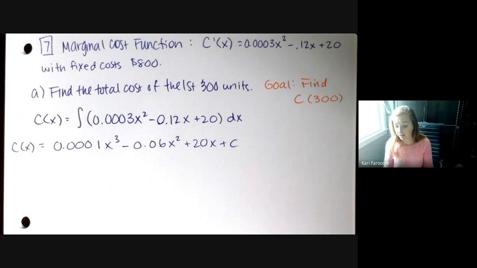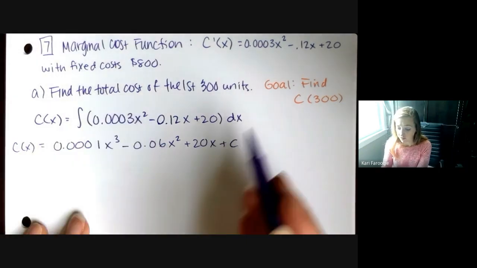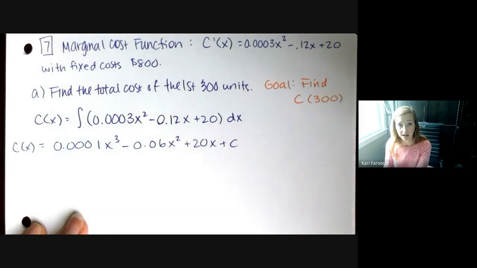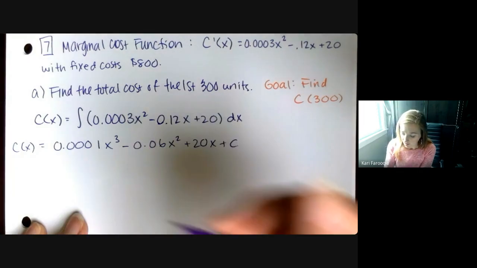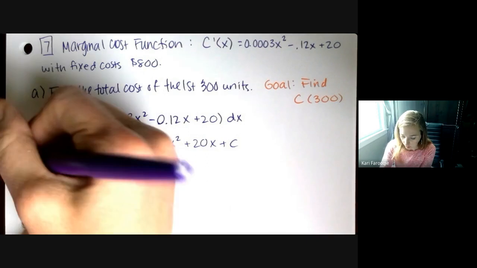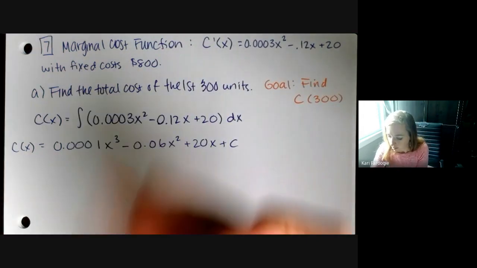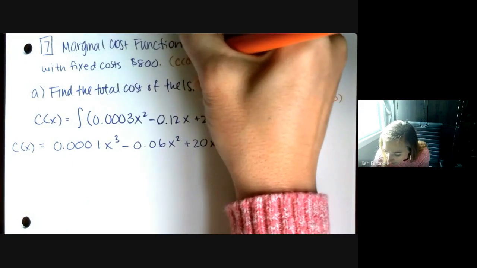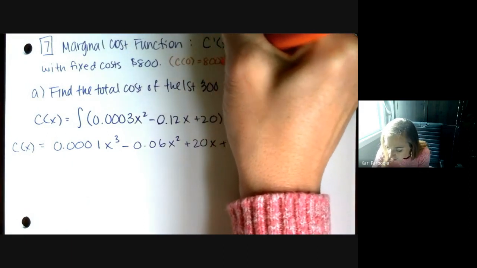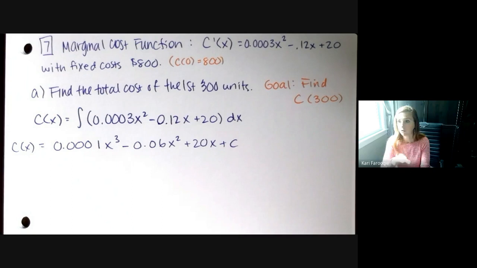I could live here 0 days and I still have to pay this mortgage. So the idea is if I make 0 units, I still have to pay $800. So I'm going to say that C of 0 is 800. And that comes here. C of 0 equals 800. So the cost to make 0 units is still $800.